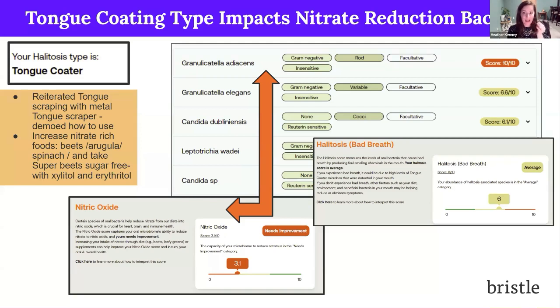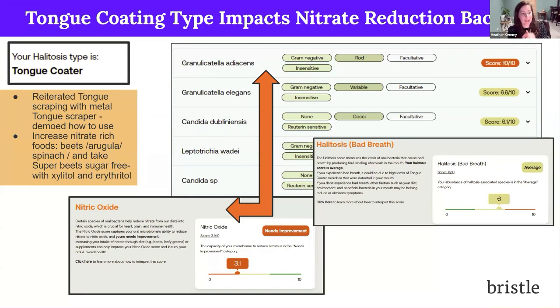So when you have high tongue coating halitosis bacteria, they form a biofilm on the tongue, which snuffs out those aerobic bacteria, and then you get low nitric oxide. So tongue scraping is super important, and making sure we're incorporating nitrate-rich foods like beets, arugula, spinach, or maybe doing a nitrate supplement will help shift that as well.